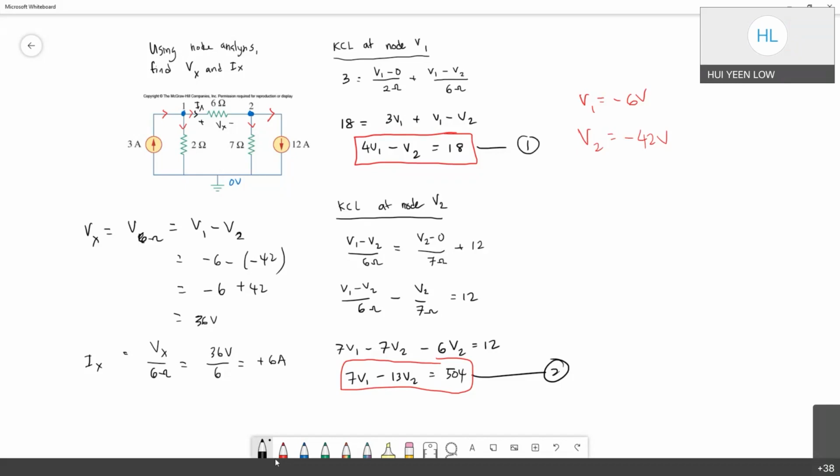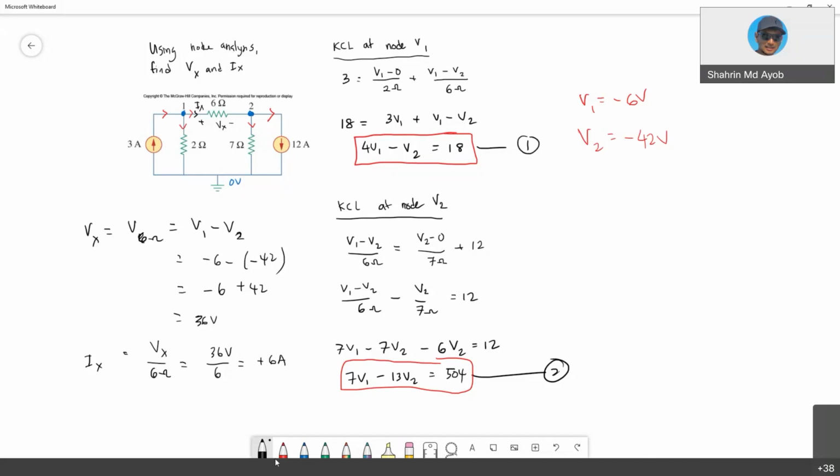Okay, it's quite complicated to answer that because it depends on the circuit. I cannot answer in general, because when you go deeper into electronics and so on, it depends on the application.